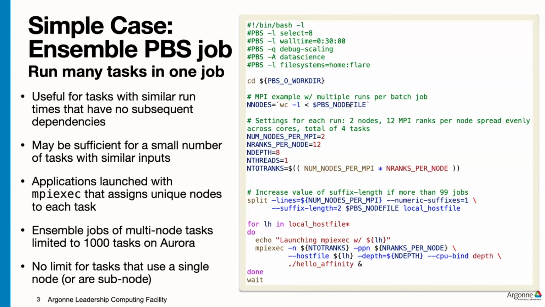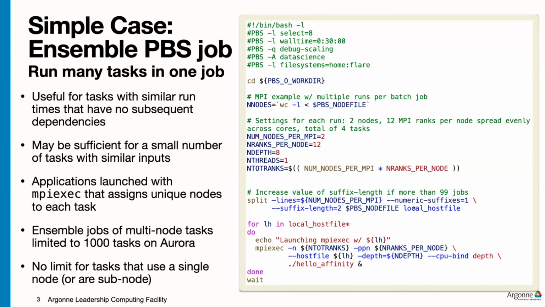And so what you can do, if you enjoy bash scripting, is use this node file to subsample nodes and assign them to different tasks. So this is one example. Here we have this complex split command. What this does is it takes the PBS node file and creates a number of sub-node files, each containing 2 nodes per subfile.